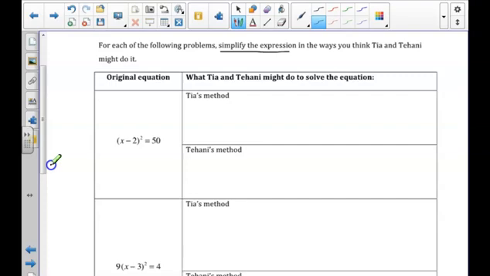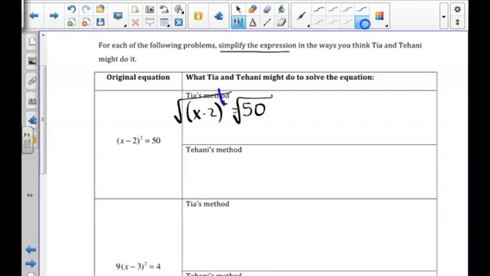Tia's method, she prefers radicals. So to change x minus 2, the quantity squared, to a radical, we would rewrite that as the quantity x minus 2 squared. Just going to rewrite it. And we would take the square root of both sides, because when we square root a square, they cancel out.